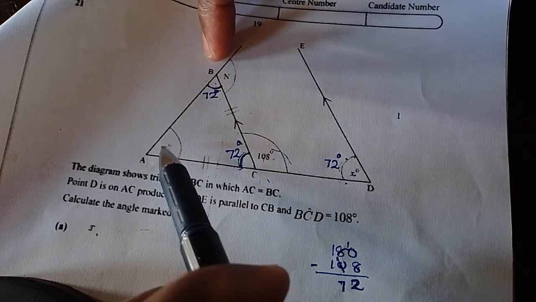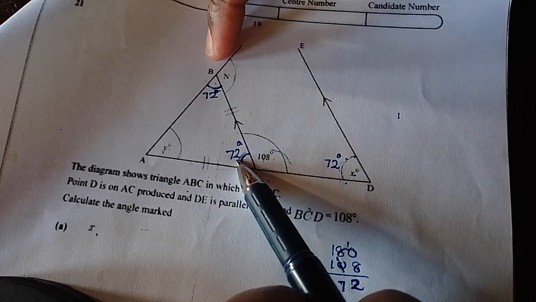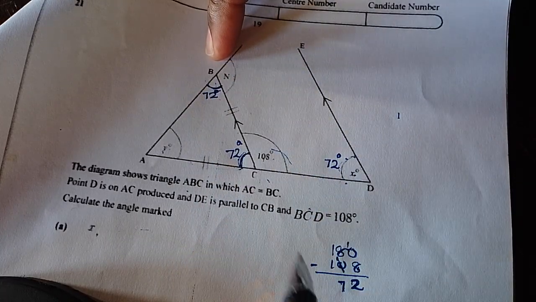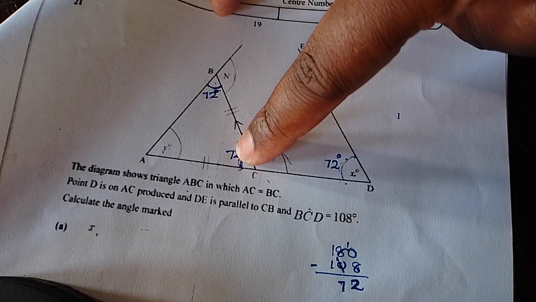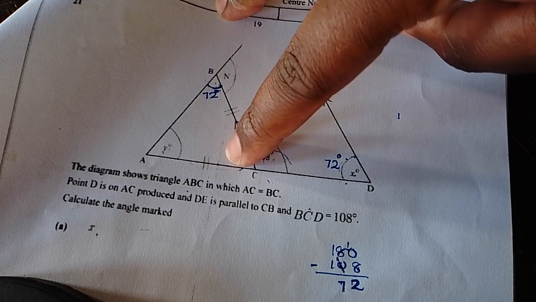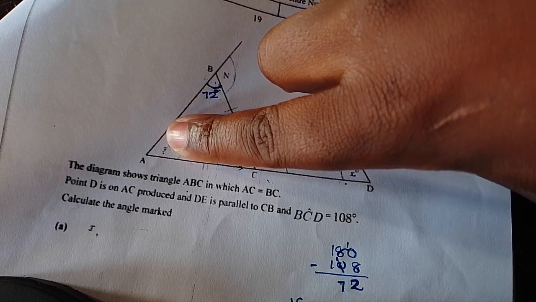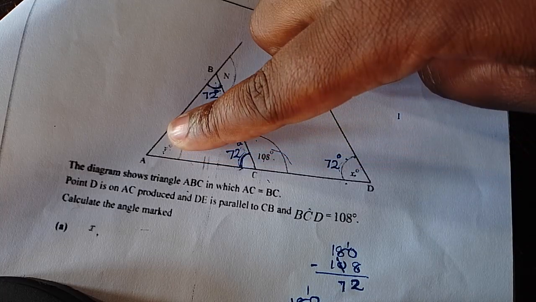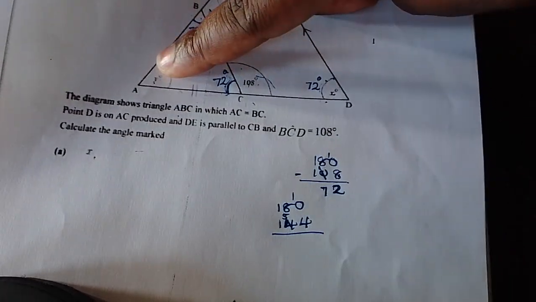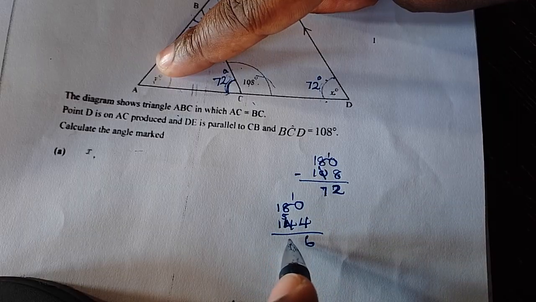Right. So to find this, a triangle adds up to 180. So 72 plus 72 is 144. 2 plus 2 is 4, 7 plus 7 is 14. From 180 to get this, 180 minus 144. 10 minus 4 is 6, 8 minus 5 is 3.